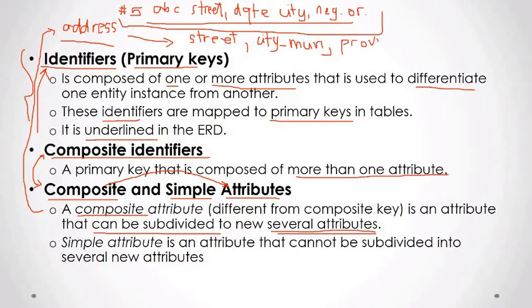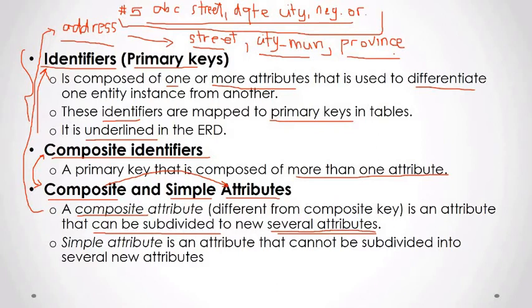So the one attribute named address is now subdivided into 3 attributes. You have the street, city or municipality, and the province. Okay, so that's what we call a composite attribute. Okay, that can be divided.